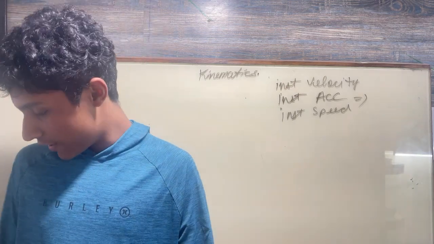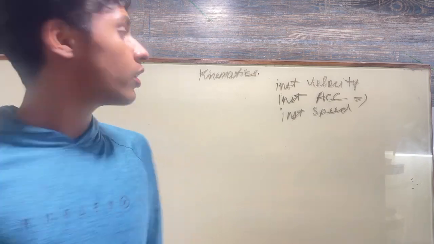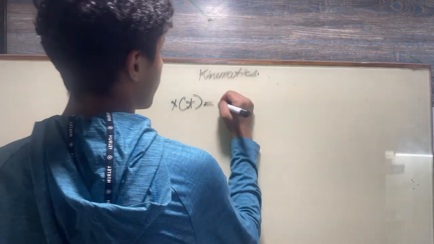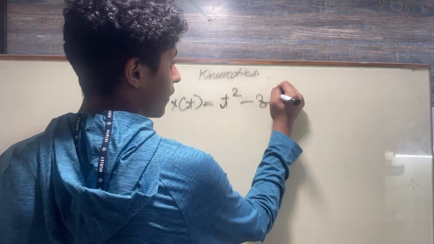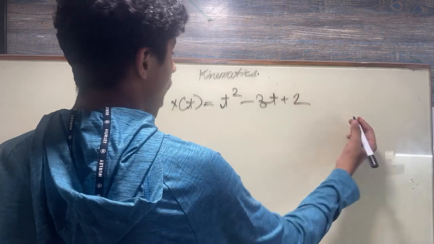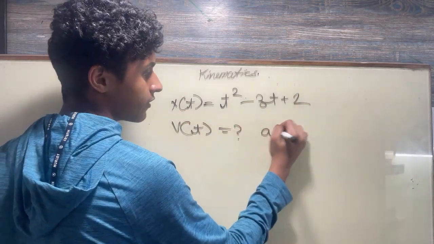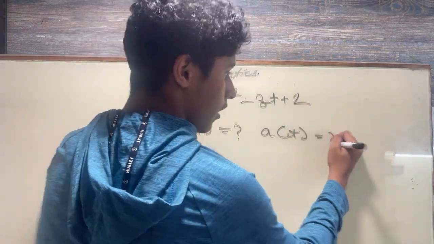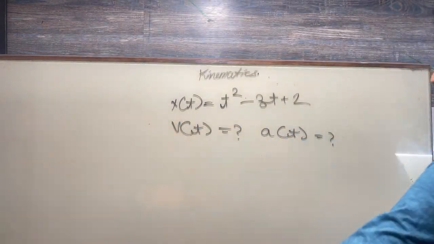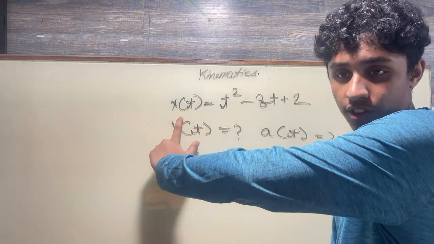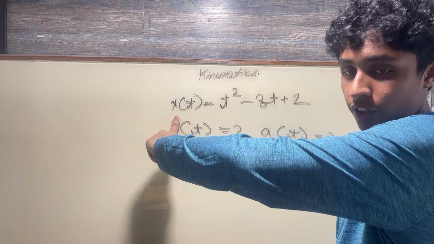I don't know if I did this in the last class or not, but if I have displacement which is given as t square minus 3t plus 2, I want to find my velocity with respect to time and my acceleration with respect to time. Now, what do we know velocity is? Velocity is nothing but the differentiation of this, right? Differentiation of this with respect to time.